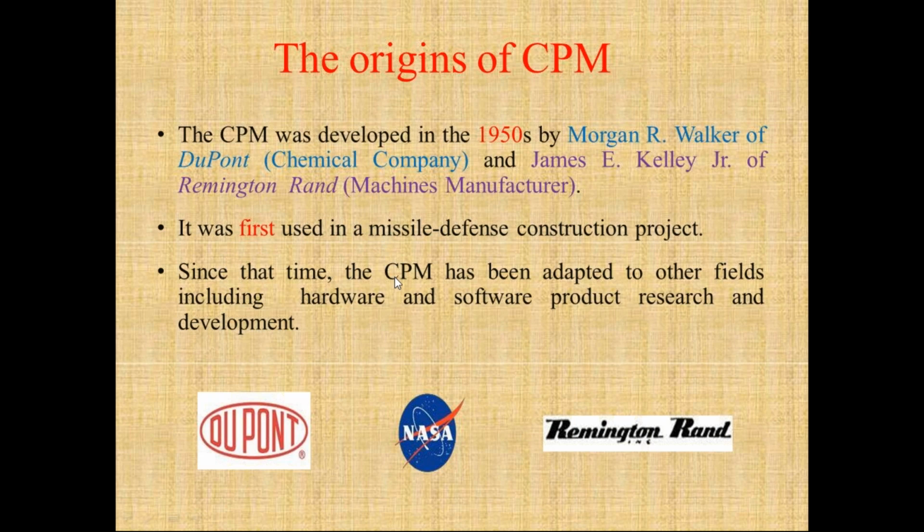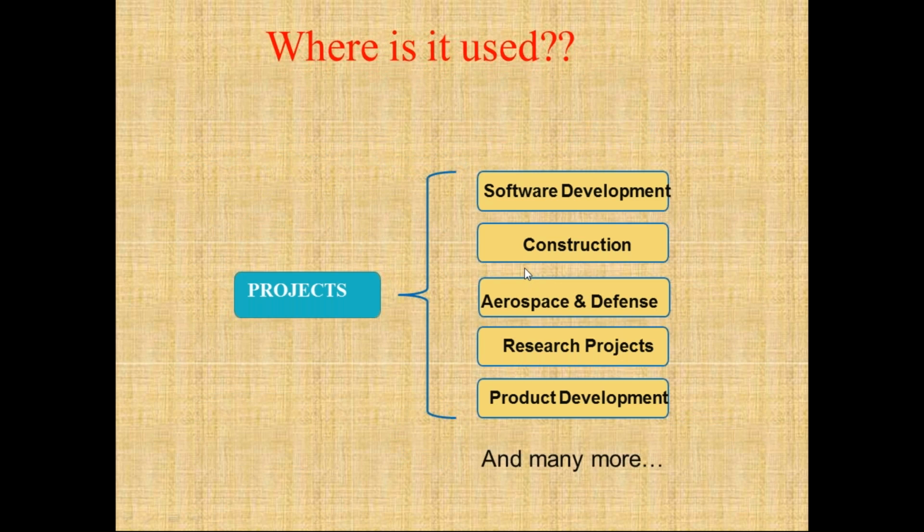Since that time, the critical path method has been adopted in other fields, including hardware, software, product research and development. Now, where it is used: it can be used for software development, in construction work, for aerospace and defense, for research projects, for product development and many more reasons.